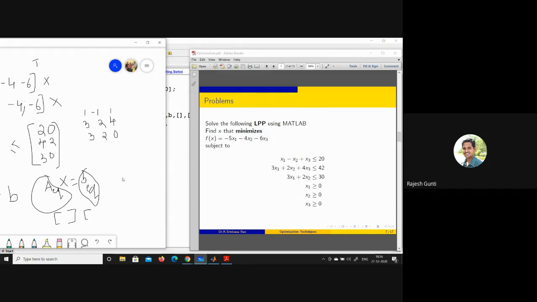Then minus x1 less than or equal to 0 gives minus 1, 0, 0; minus x2 less than or equal to 0 gives 0, minus 1, 0; minus x3 less than or equal to 0 gives 0, 0, minus 1. So the entire matrix times x is less than or equal to, what is the right hand side?